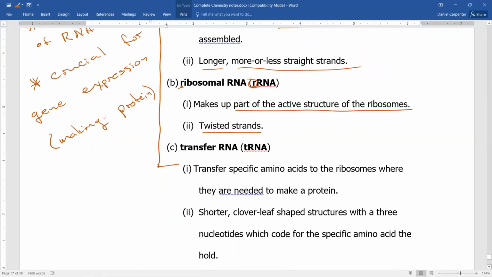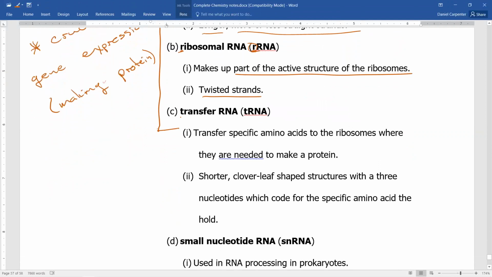Transfer RNA, transfer, little t, big R, big N, big A, transfers specific amino acids to the ribosomes from the cytoplasm. So there's these amino acids floating around in the cytoplasm. And each transfer RNA has one specific amino acid that it can carry.